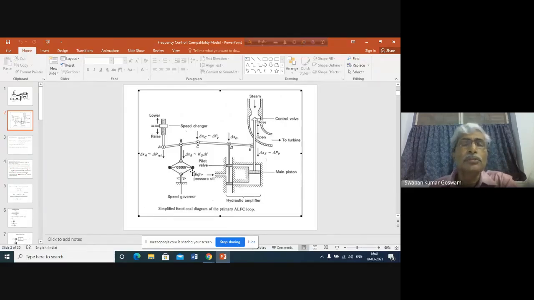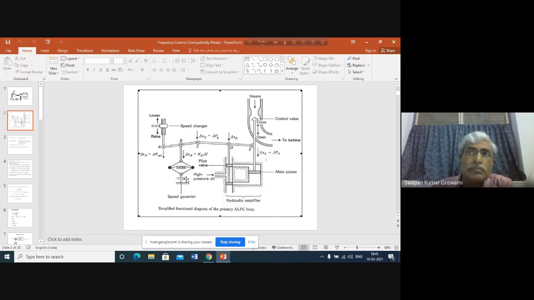Tension will be more because centrifugal force will be more. So the fly balls will move apart. Therefore, B will come down, because if they go in this direction, this can be done by pulling B downwards. So at synchronous speed, B has a definite position. At a speed above synchronous, point B will move downwards.